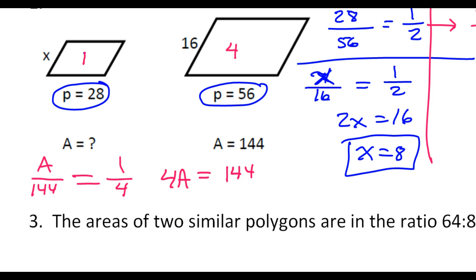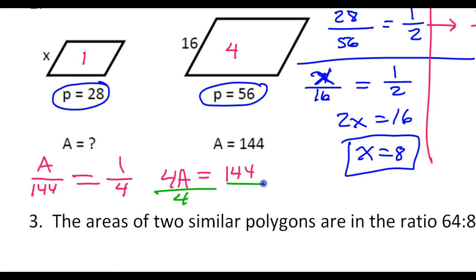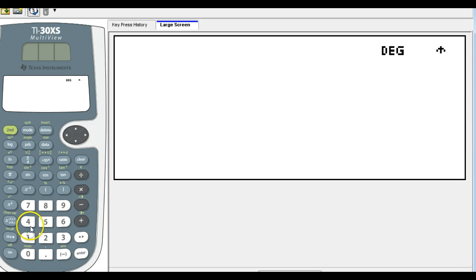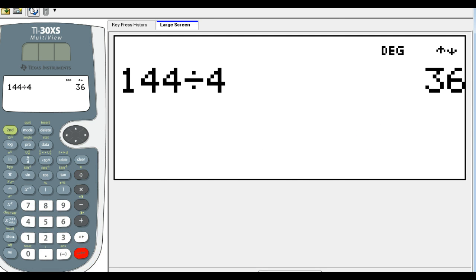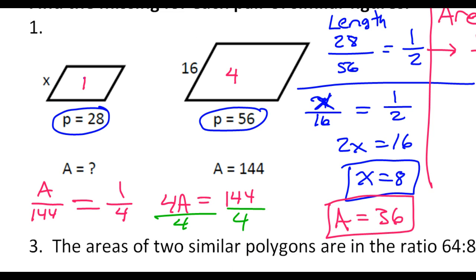And then if I divide by 4 on both sides, that's 36. Okay, so that's number 1.